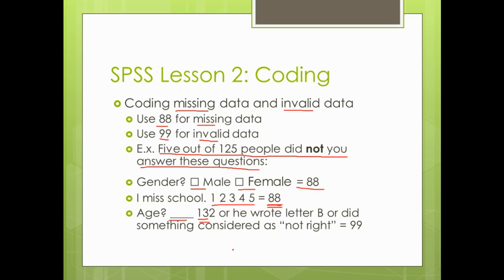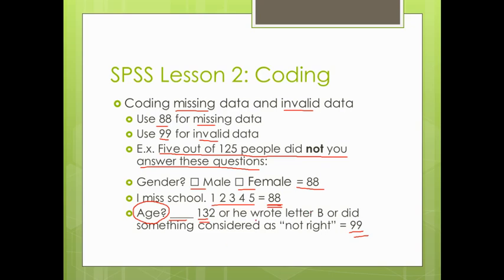So you conceptualize the answer like this as invalid. So you're going to enter 99 for the variable age of this respondent. So his age is conceptualized as invalid, and you represent the invalid age by the code 99.